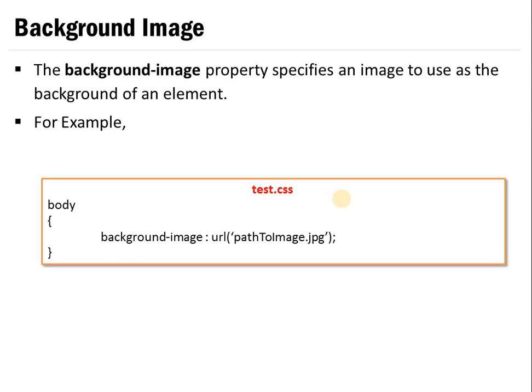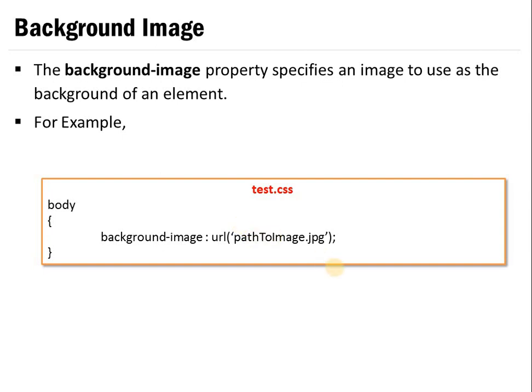Now if I want to set a background image for my body section, then how can I do that? Background image colon, this is my property name, and within URL round parentheses I have to mention the path to the image that I want to set as my background image.